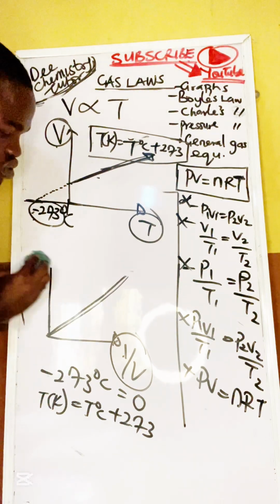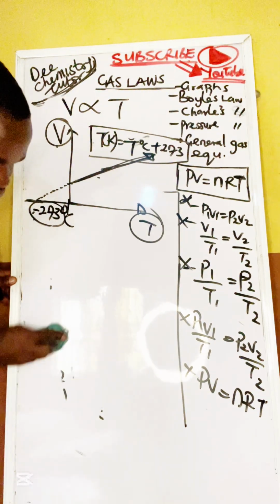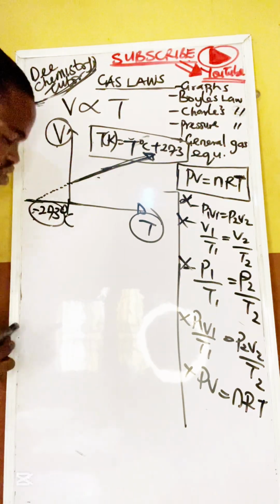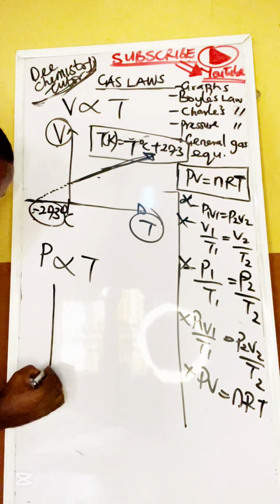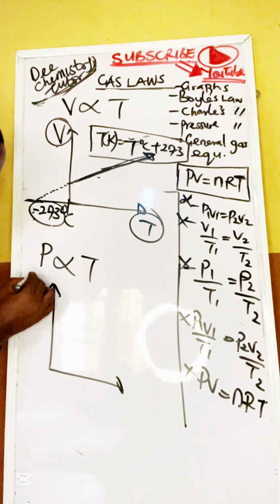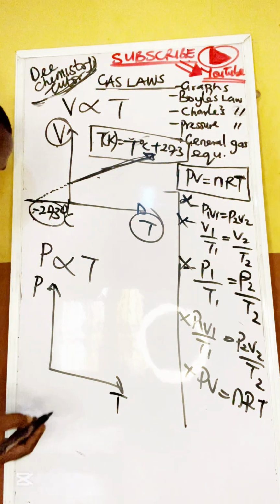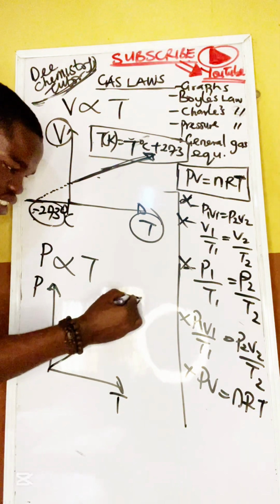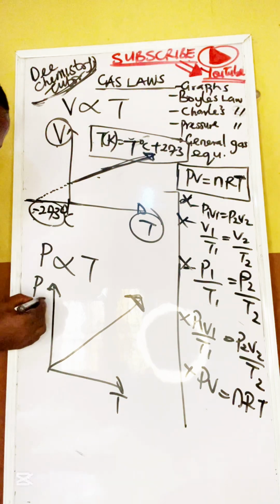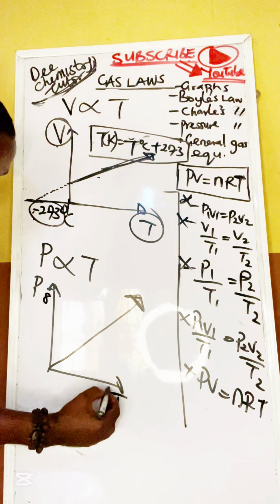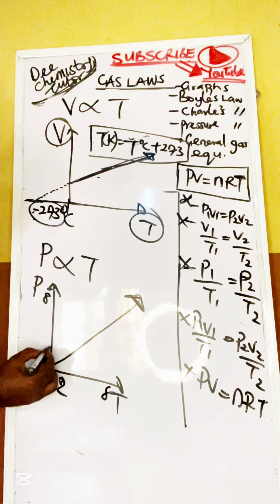Now, another thing you also have to understand is that if I have, let's say, pressure directly proportional to temperature, and I'm plotting a graph of P against T, it will be like this. Easy. That means when this increases, so let's say I have 8, I have 8, I have 2, I have 2.